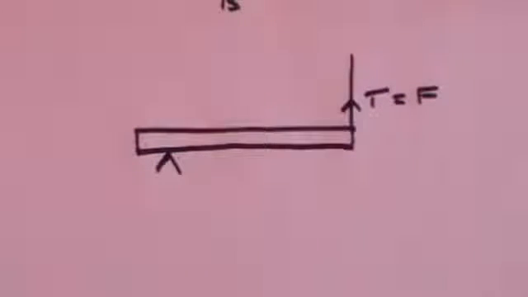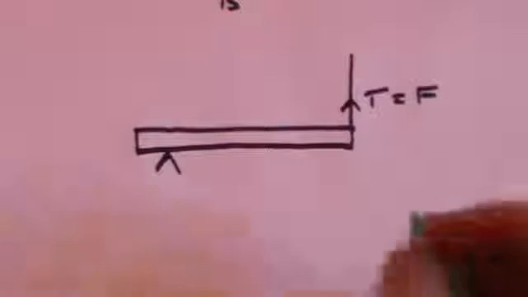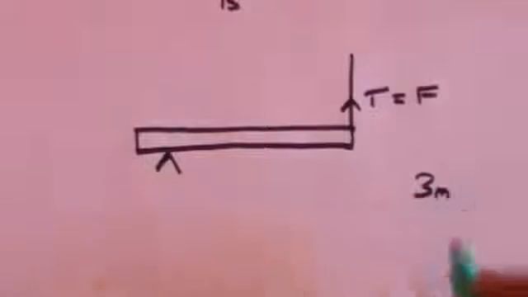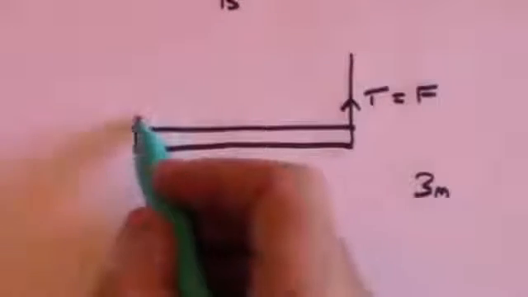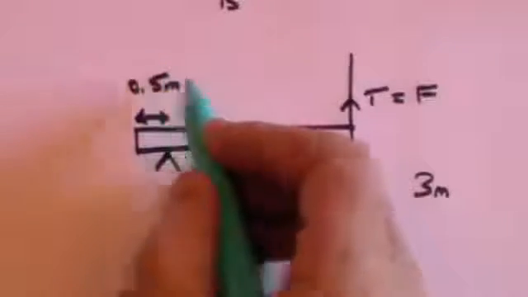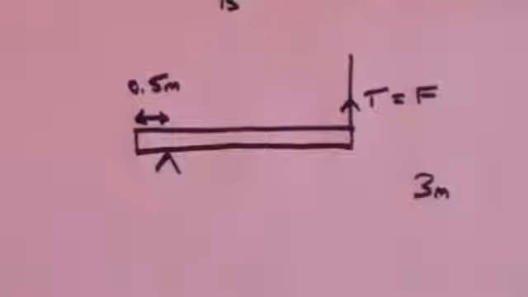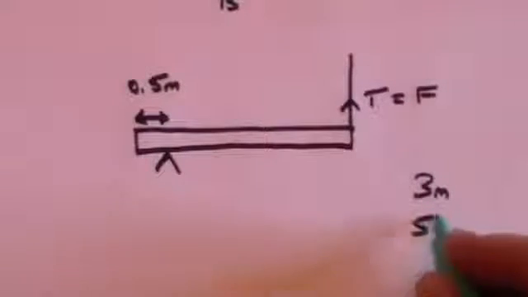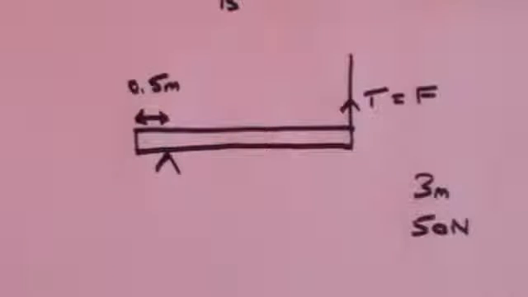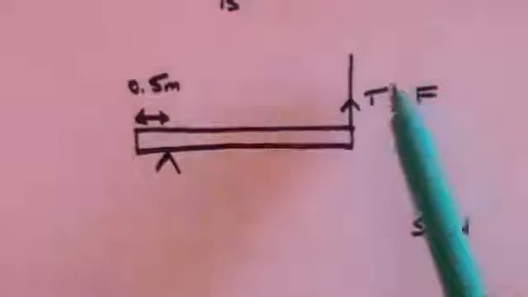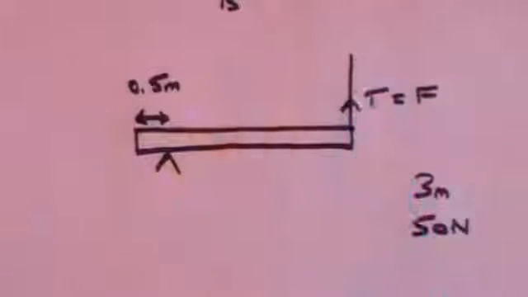The whole girder is 3 meters long, and the bit that overhangs here is 0.5 meters. The entire weight of the girder is 50 newtons. So what I'm asking is, what is the tension or the force in the steel cable?